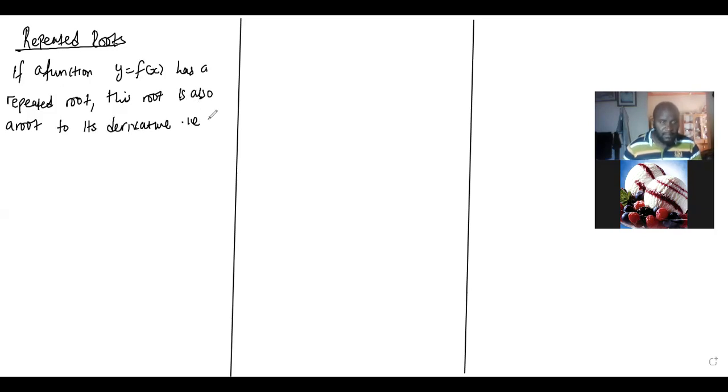I.e., it is a root of the derivative of the function f of x.